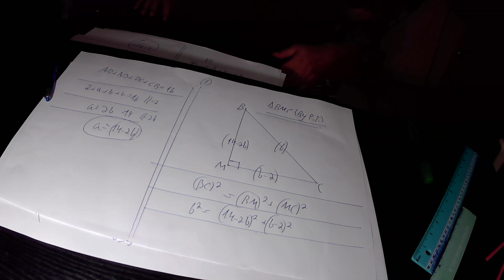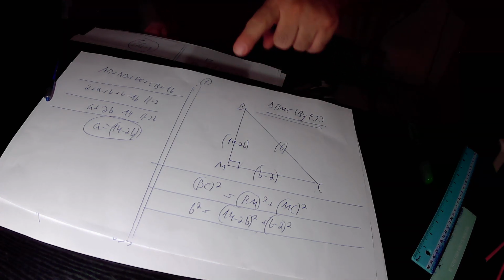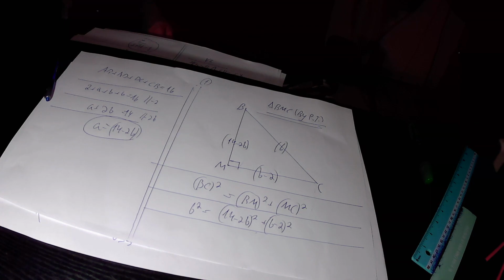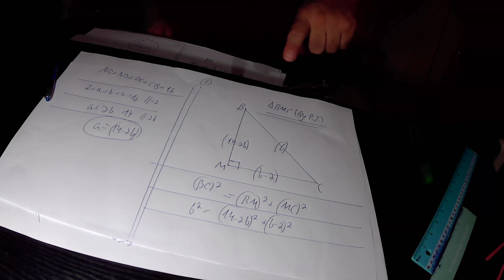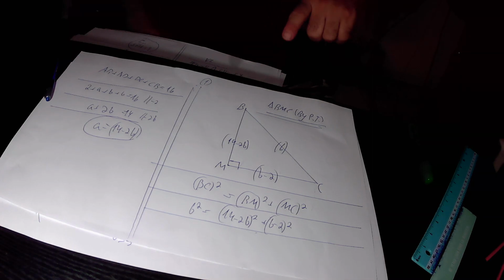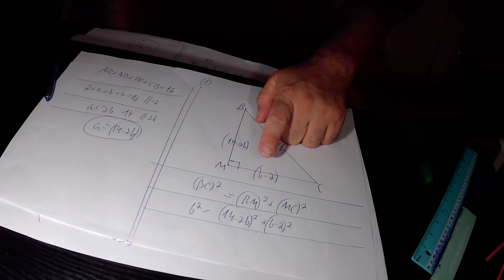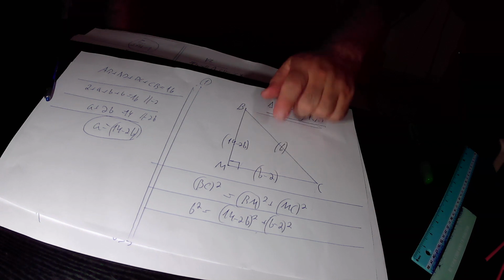In this right triangle BMC, BC squared, the square of the hypotenuse, equals BM squared plus MC squared. BC is B, therefore BC squared is B squared. BM is 14 minus 2B, therefore BM squared is (14 minus 2B) squared, plus MC squared. MC is B minus 2, therefore MC squared is (B minus 2) squared. So in total we find that B squared equals (14 minus 2B) squared plus (B minus 2) squared.